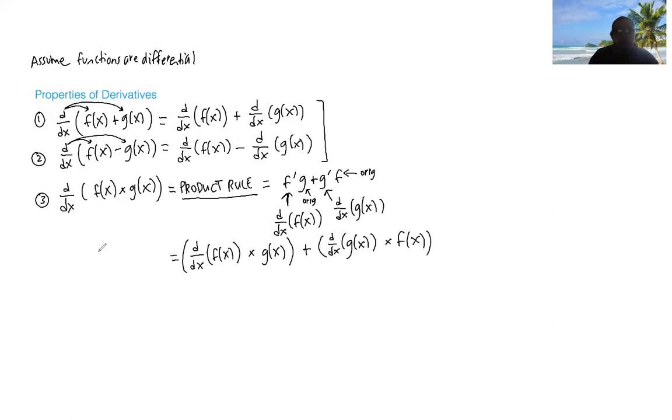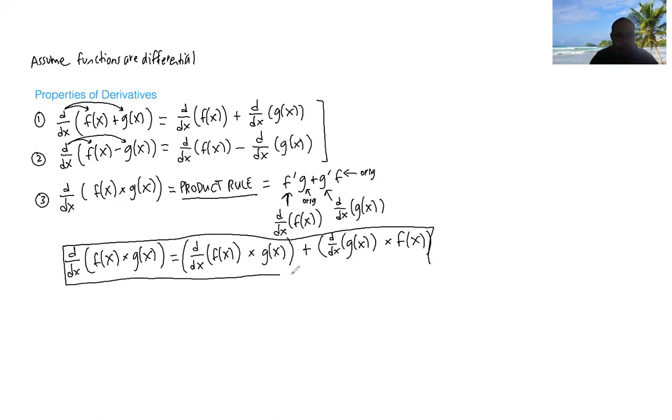So I'll write down here, the derivative with respect to x of f of x multiplied by g of x. This right here is your derivative using the product rule. And I didn't box these because there wasn't too much work.